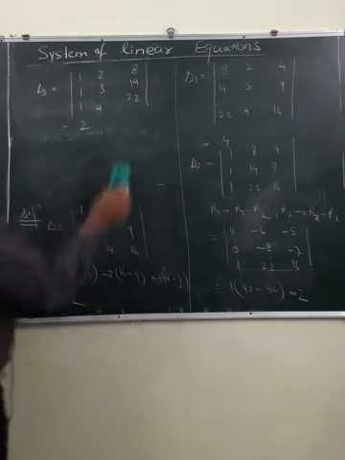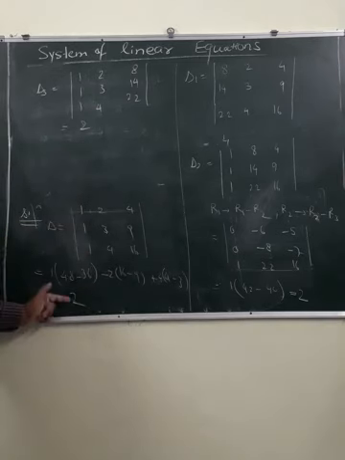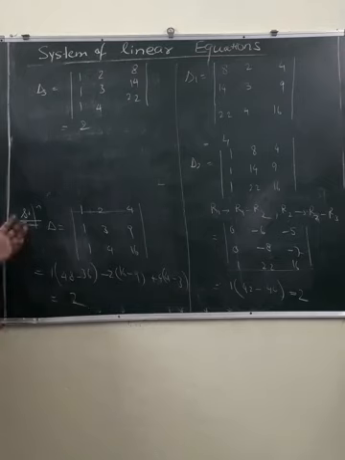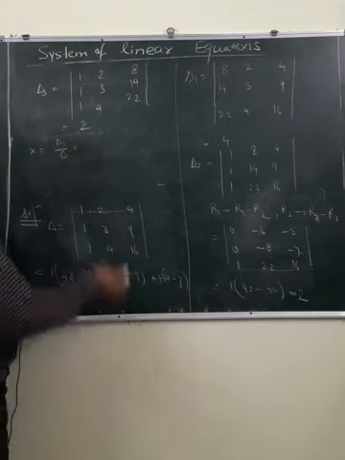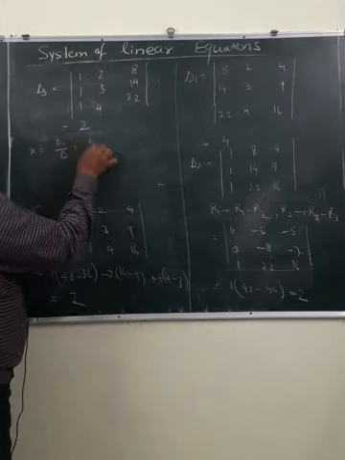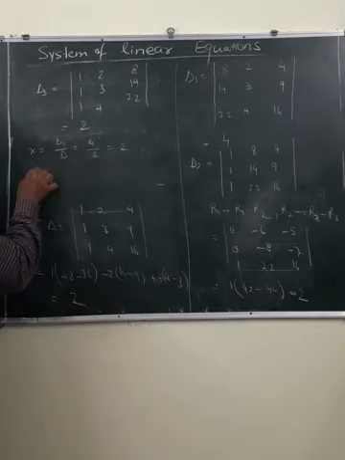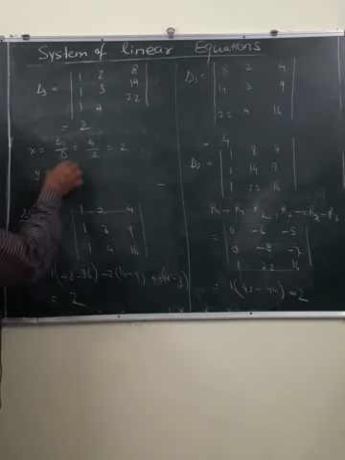Then, since here delta is non-zero, 2, that means we will have a unique solution, and that solution is given by x is equal to delta 1 by delta. Delta means how much? 4 by 2, that is 2, and y is equal to delta 2 by delta.